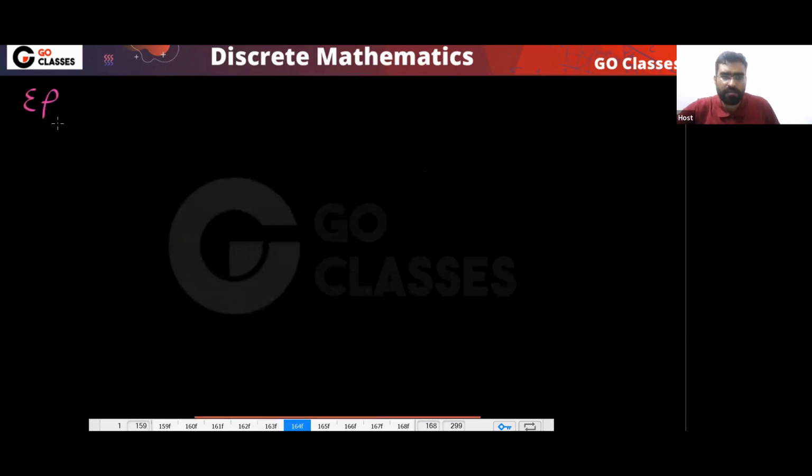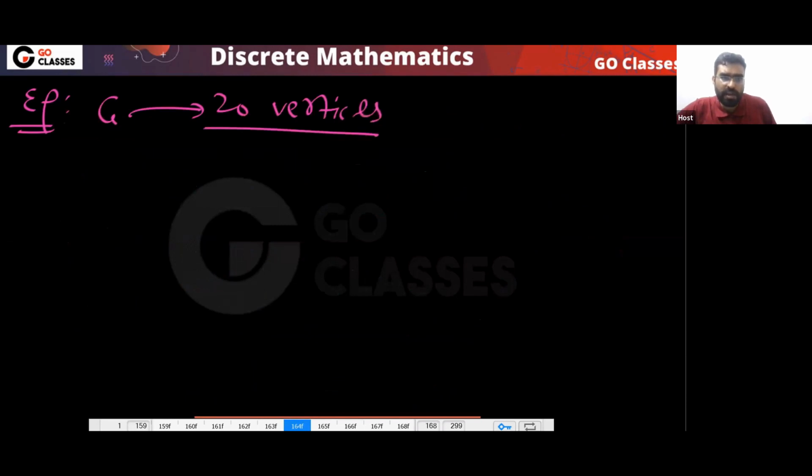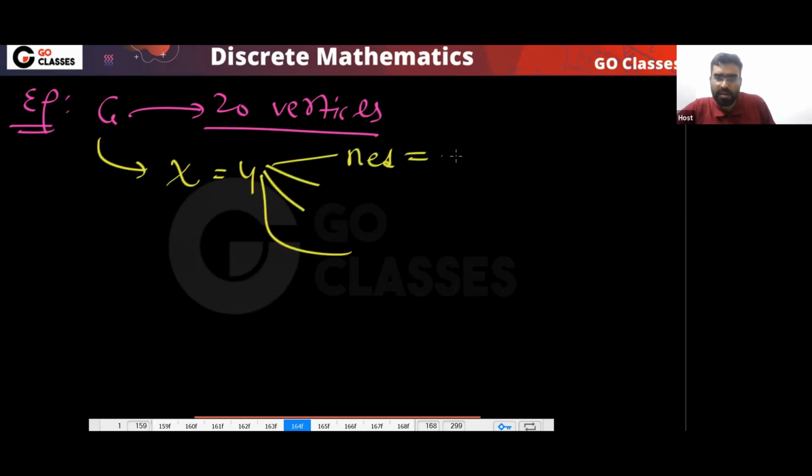For example, let's assume that you have a graph G with 20 vertices, and the chromatic number is 4. These are the 4 color classes. Red: let's assume there are 5 vertices.